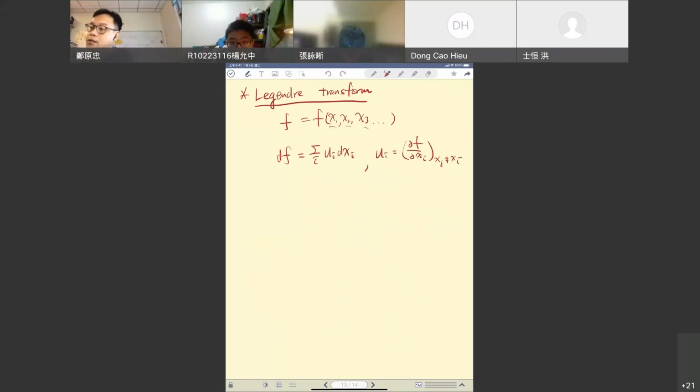This is just a general statement from the total derivative of f if f is a function of all those s. And according to what we just mentioned, this means s1, s2, s3 are natural variables of f. And now this u_i and s_i are conjugated.